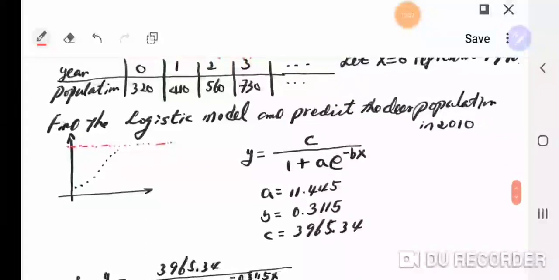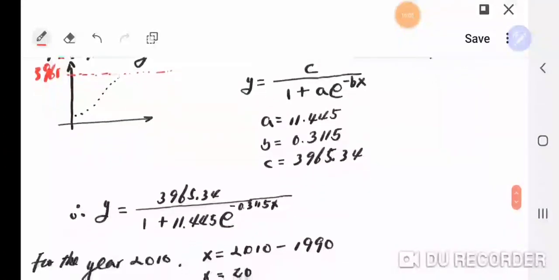Then it will give you the values of A, B, and C. The carrying capacity is 3,965, so this horizontal asymptote is 3,965. The A and B values are given, so this is the logistic model.